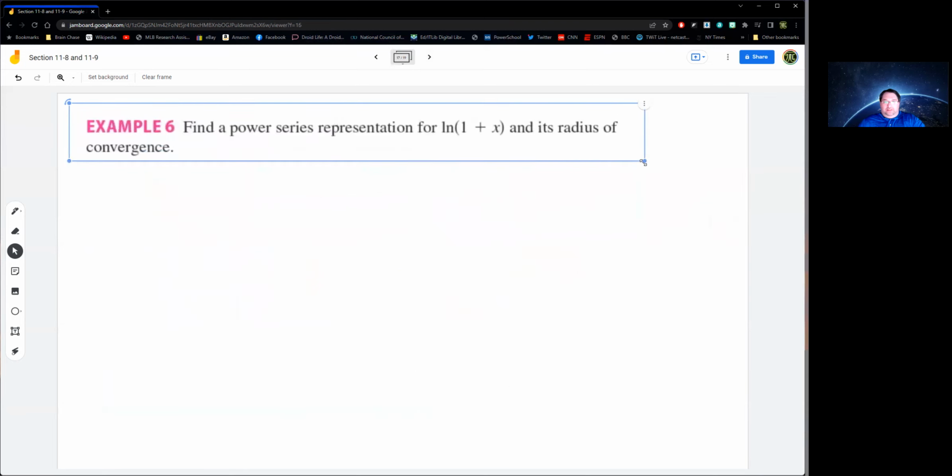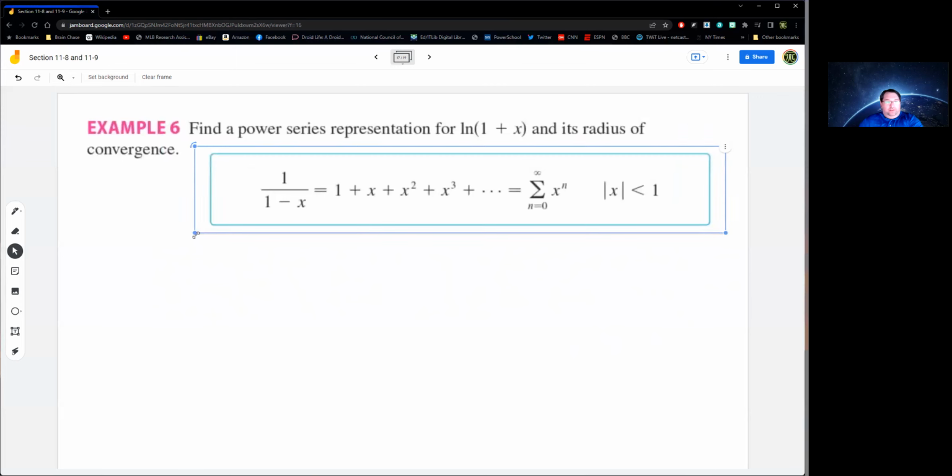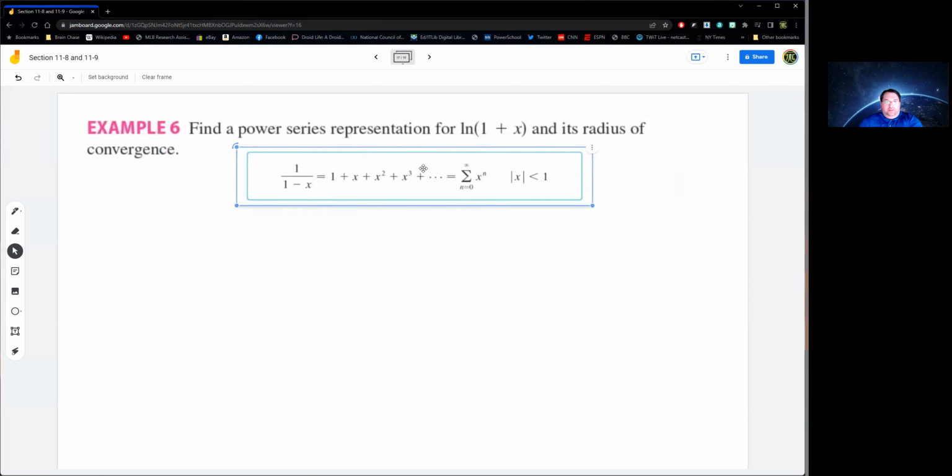All right, let's look at this. In this one, we've got ln of 1 plus x. Again, we still have to use this.